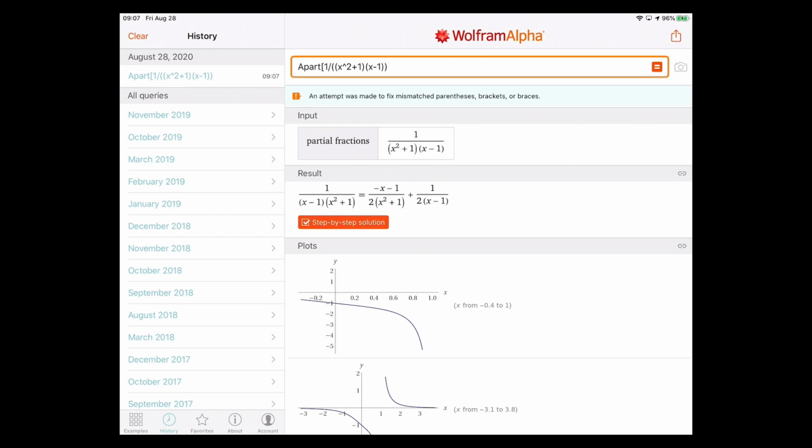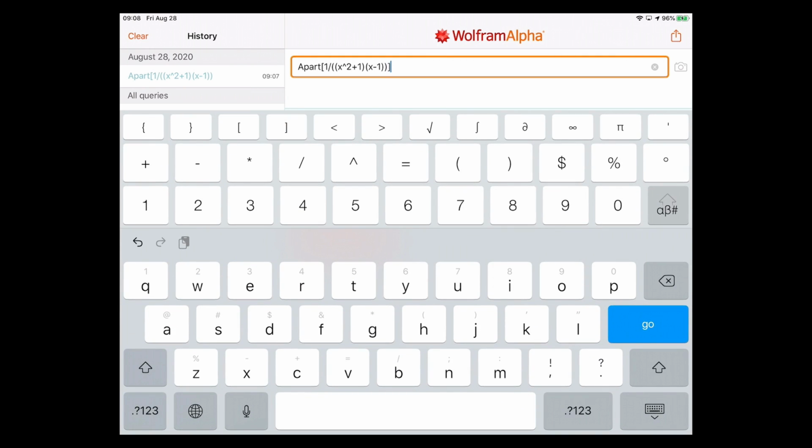Okay. So here's how you can do this with Wolfram Alpha. Mathematica can also do this too. I wrote the command in Mathematica syntax because I'm used to it.